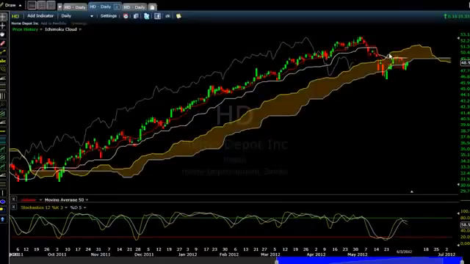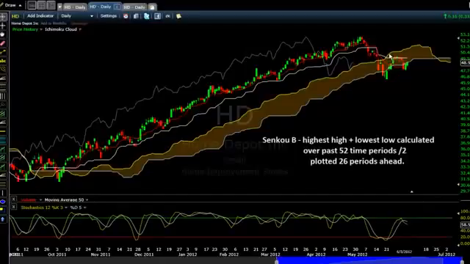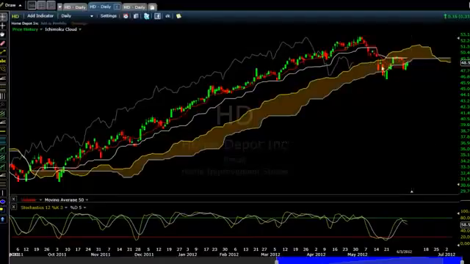Span B is the highest high and lowest low calculated over the past 52 candles, divided by 2, and then plotted 26 periods into the future. The significance of that is Kumo is used as a support and resistance feature, both with price and with Chikou, a confirming signal, and with Tenkan-sen and Kijun-sen. The thickness is directly proportional to its ability to resist a move higher or support a move lower.